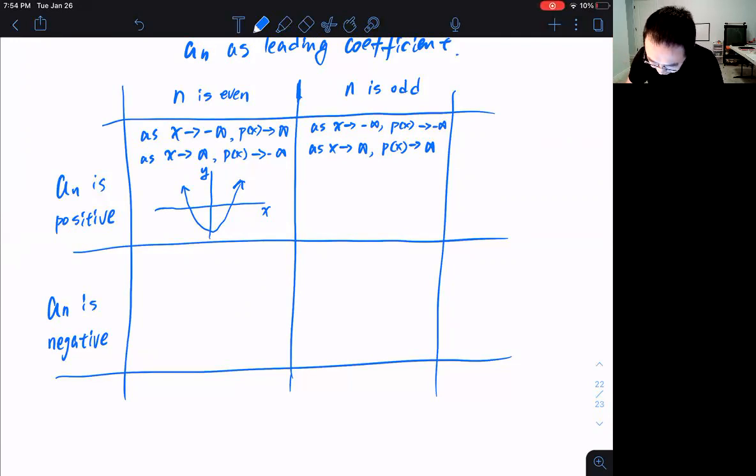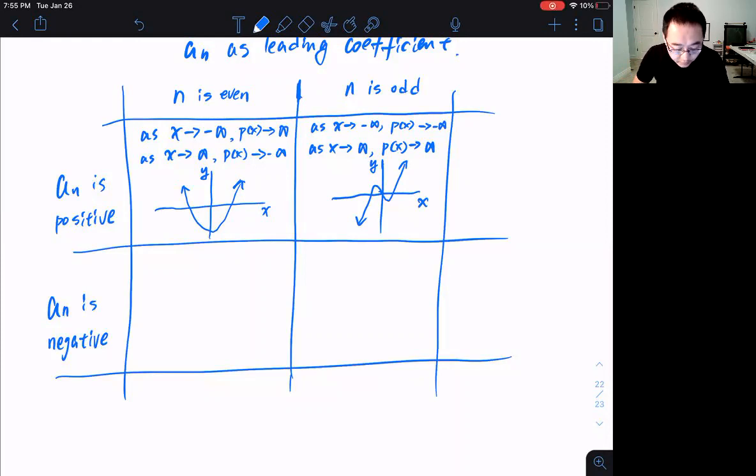So it can be something like this. This is a possible equation form for a positive leading coefficient and an odd number as the highest power for your x term.